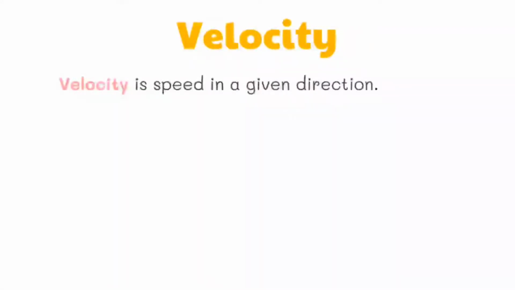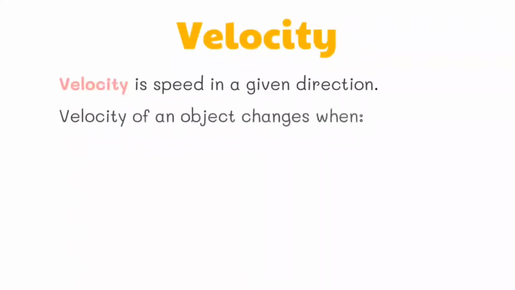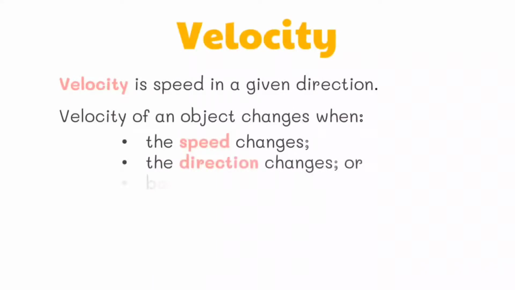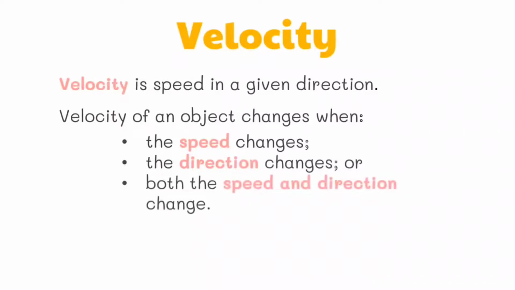So we can define velocity as a speed in a given direction. The velocity of an object changes when the speed changes, the direction changes, or both the speed and direction change.